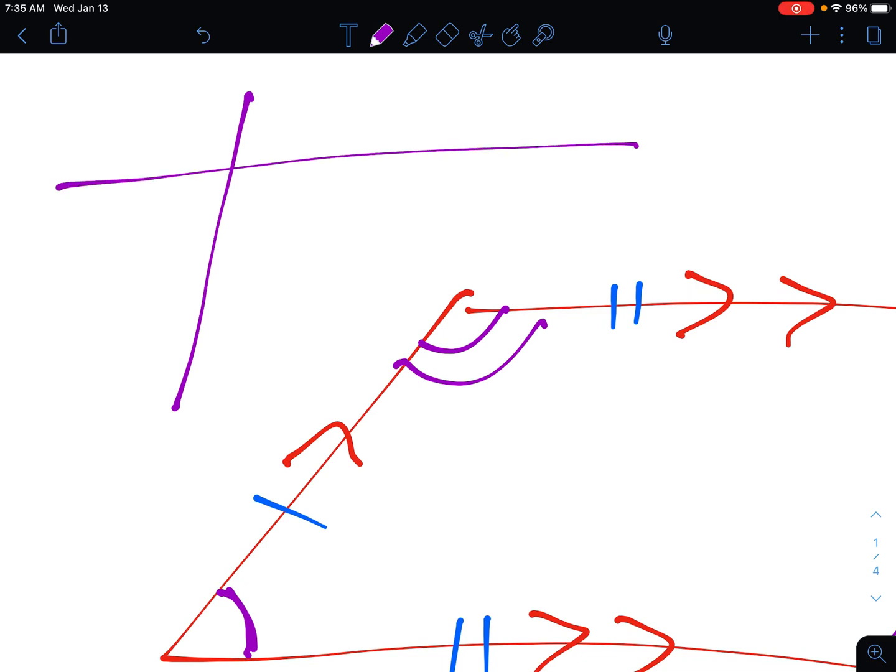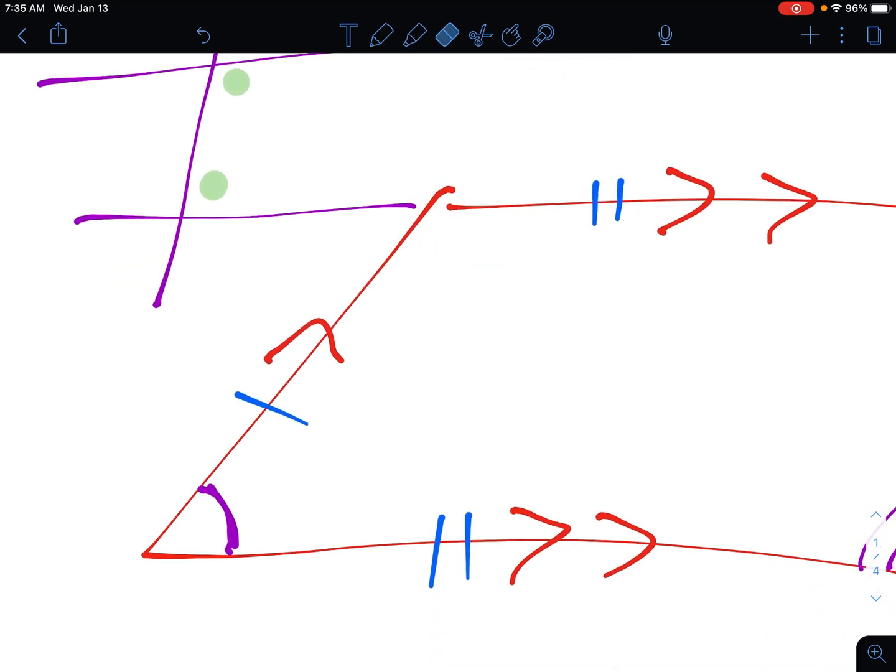Okay, we're going to go back to the parallel line unit. Same side interior angles, right? We had corresponding, alternate interior, alternate exterior, and same side interior. Well, same side interior were the only pair of the four where they were supplementary. Well, what do we have here?